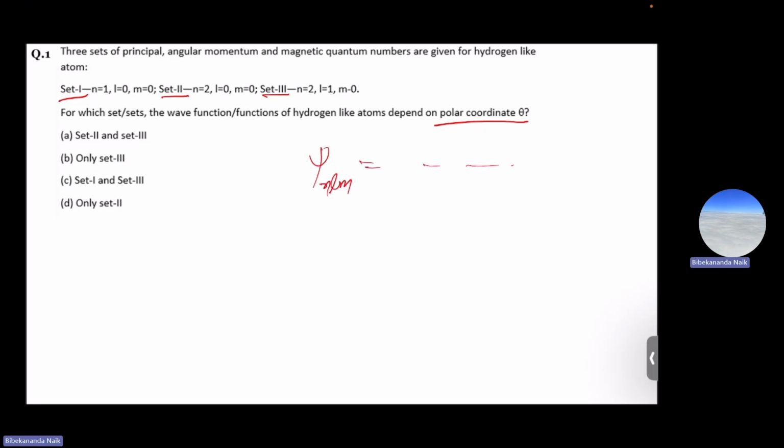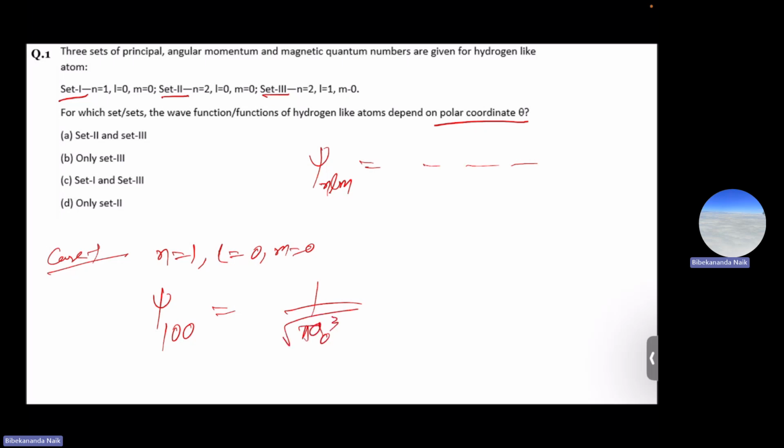Now, if you talk about the cases, case one is n equal to 1, l equal to 0, and m equal to 0. So it is psi 100, which, as we have already discussed, is 1 by root over pi a0 cube, e to the power minus r by a0. Again, this does not depend upon the polar coordinate theta.